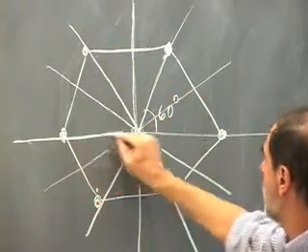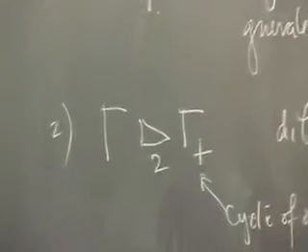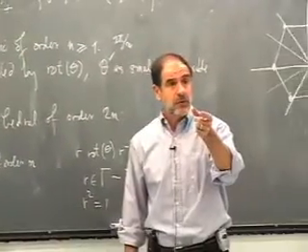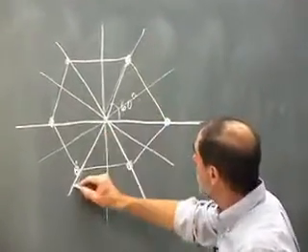There are 3 more lines like that. So that gives you 6 lines through which you can take the reflection and preserve this regular hexagon. And those are the 6 elements in the dihedral group of order 12 that are not in the cyclic group of order 6. Now notice they come in 2 different flavors, those types of reflections. There are the 3 that connect pairs of opposite vertices.